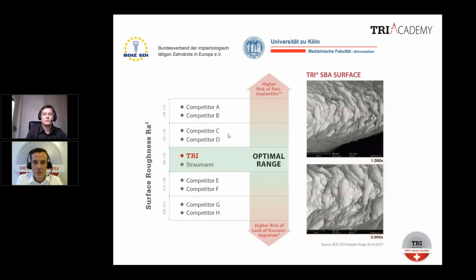And that shows that our surface has the same roughness as the SLA surface from Straumann, for example. And that means that we have these 2 factors which are very important for immediate loading and also immediate placement to reach the highest primer stability.